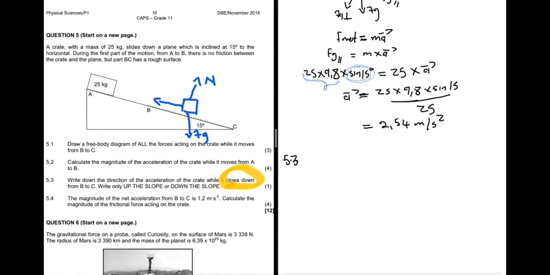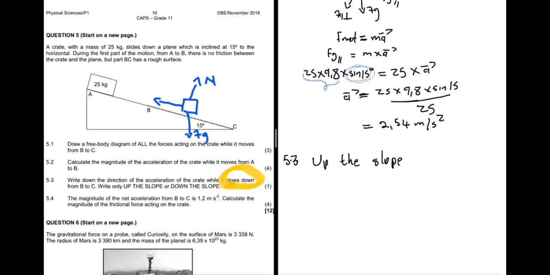Here we are told that it is slowing down, so its speed is decreasing. It can only decrease if the acceleration is negative. And as the object is moving down the slope, it only makes sense that if the acceleration is negative, it is up the slope. So the acceleration of this body is up the slope.